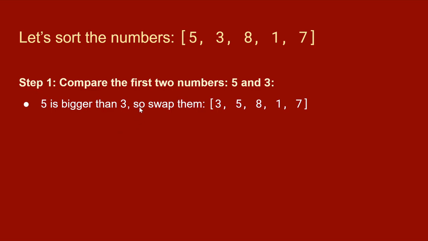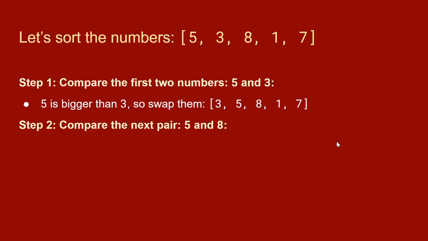Since we are arranging the numbers in the ascending order, we want the largest number at the end of the list. So among these two numbers, whichever is bigger, we'll swap their position. So here 5 is bigger than 3, that's why we'll send 5 to the position of 3 and 3 to the position of 5. And after that swapping, our list will become 3, 5, 8, 1 and 7.